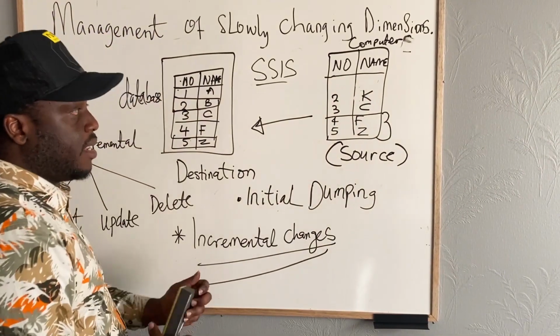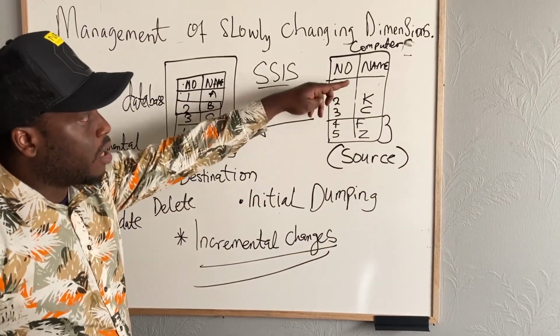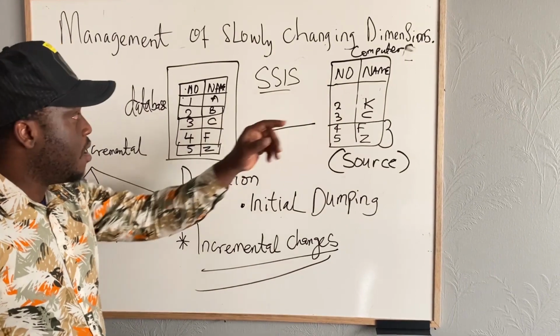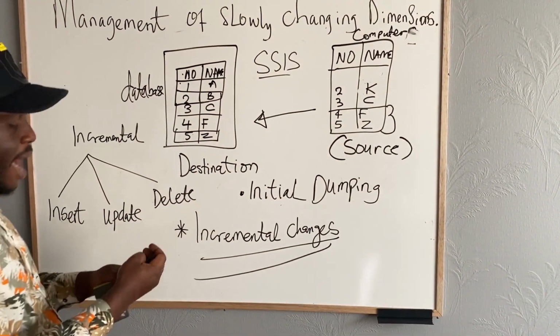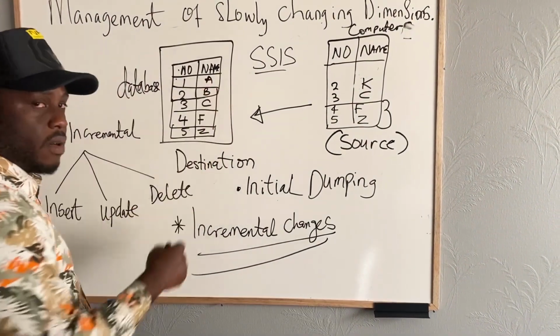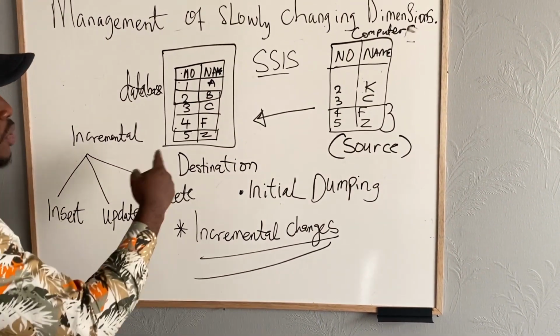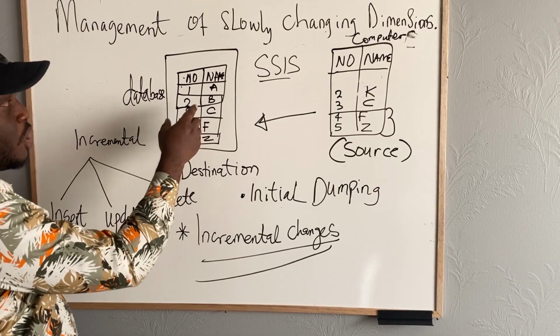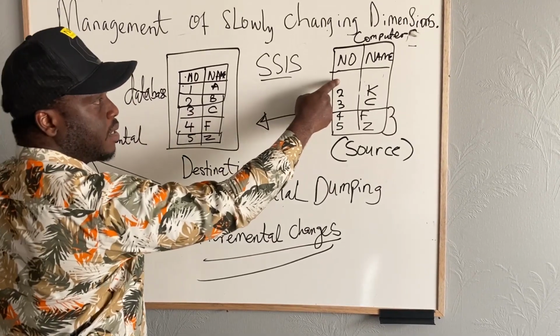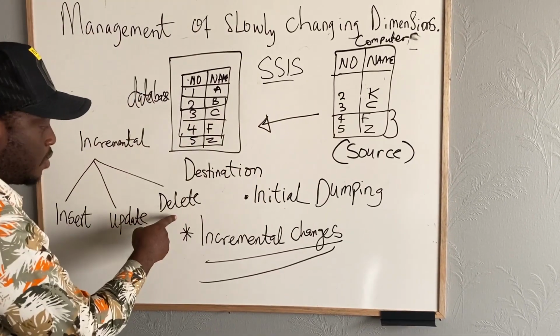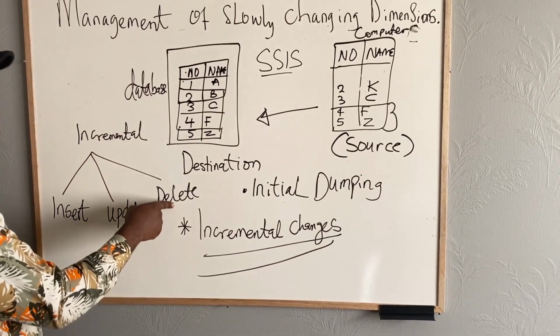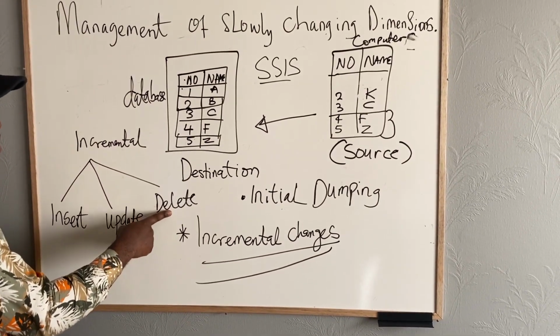So you find that in the source, that record doesn't exist anymore. But in your database, you have this information still existing. Now the question is, how do I update my database to reflect that someone has deleted? That is what we call the delete management of slowly changing dimension.